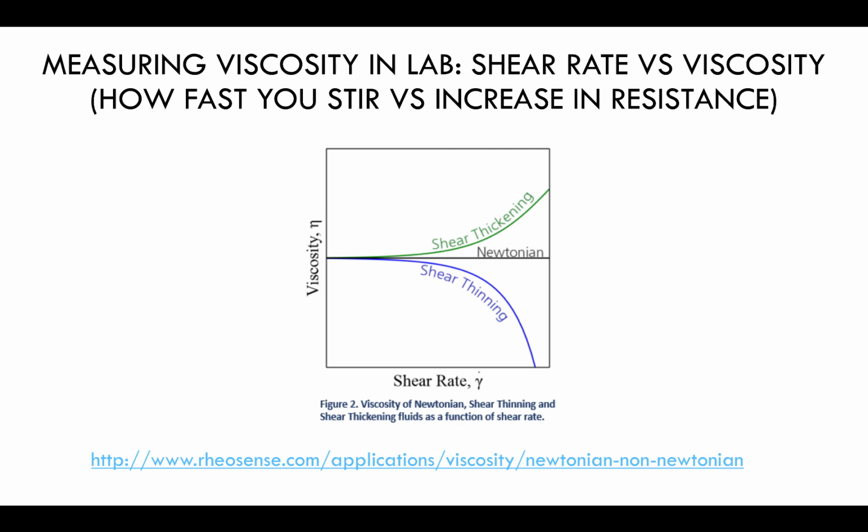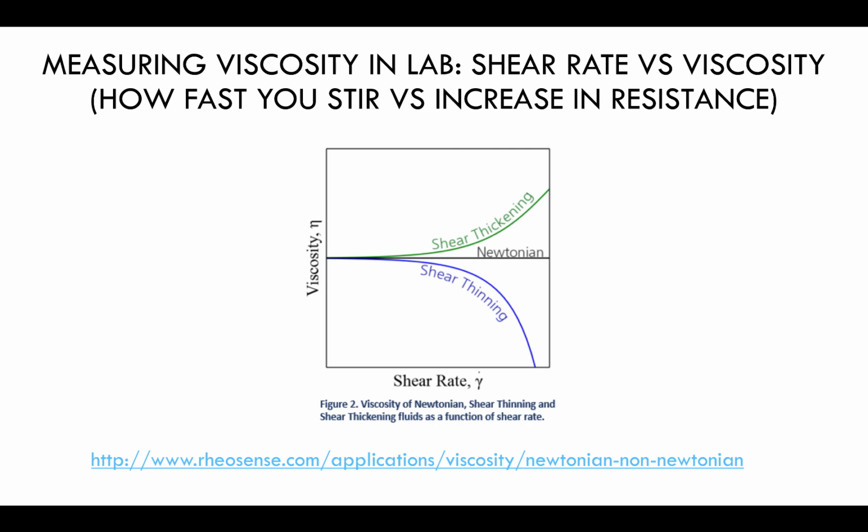The idea then being that Newtonian fluids, like water, are those where, as we apply a greater and greater shear rate, in other words, the faster and faster that you stir, we'll see that the viscosity itself doesn't really increase with that shear rate. Whereas with shear thickening, as you might expect, the viscosity does increase, and with shear thinning, the viscosity actually decreases. So there are different types of materials.